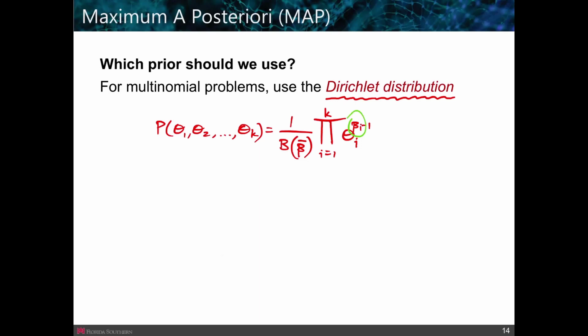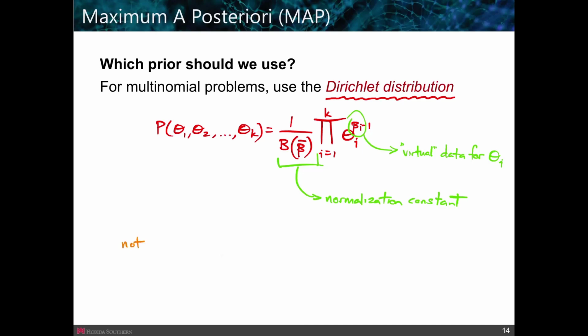Okay, and again, just like in the binomial case, think of this beta i as being the virtual data specifically for the parameter theta i. And this first part, you can think of as just a normalization constant. It doesn't really matter where it comes from. Just know that it's some multiplicative factor on the front of this expression.